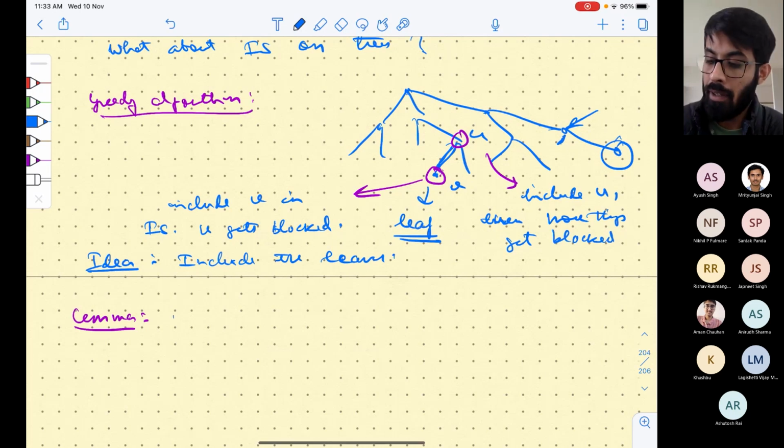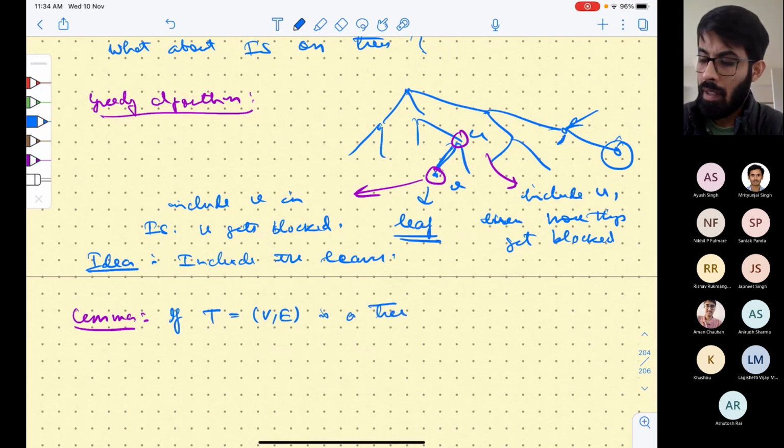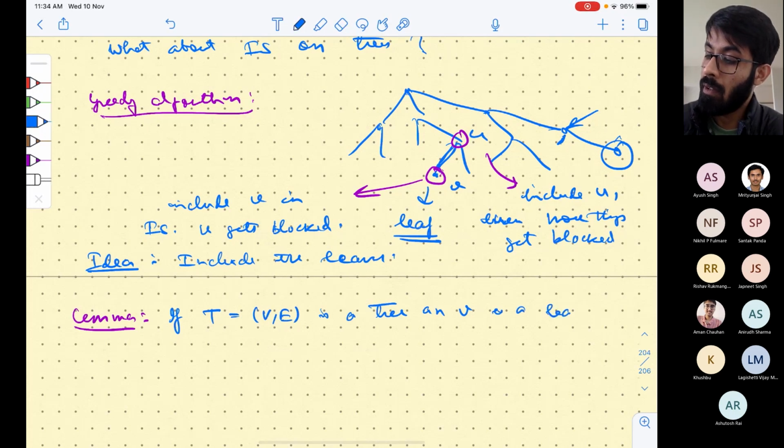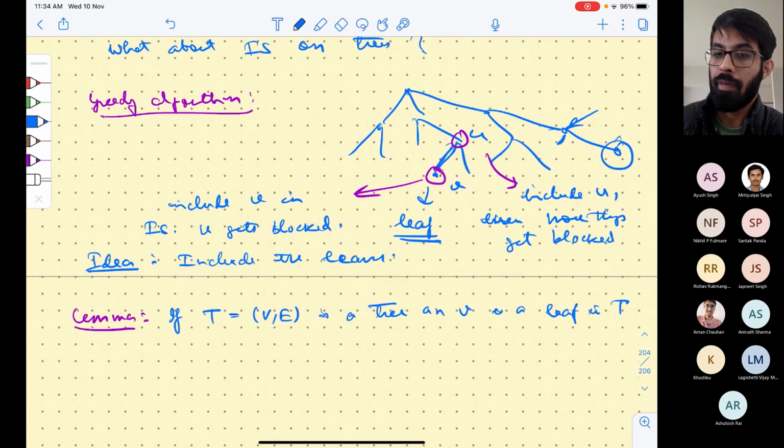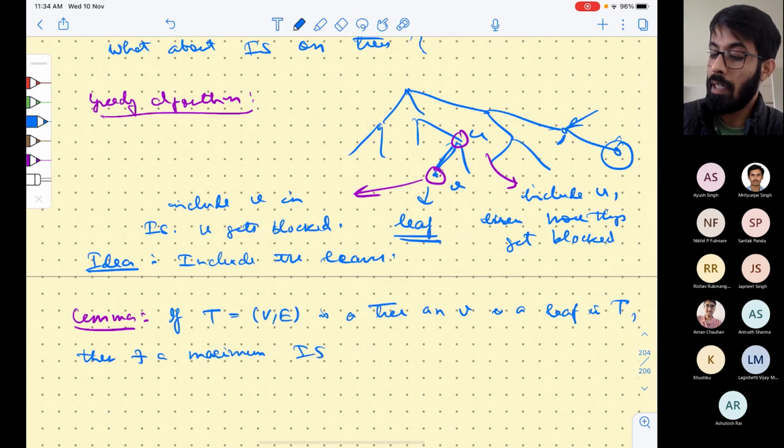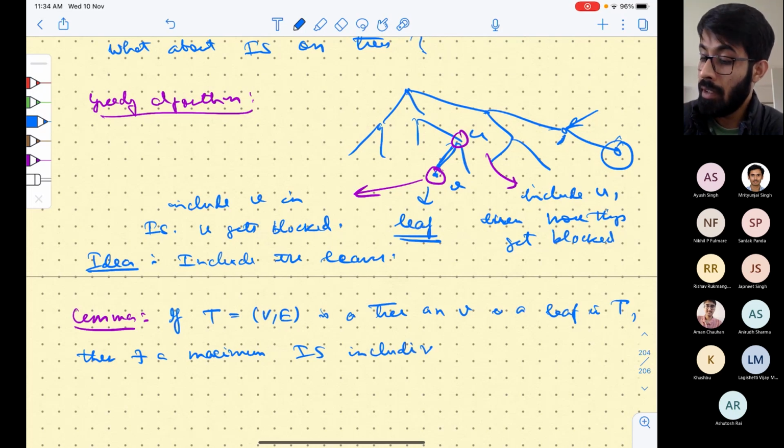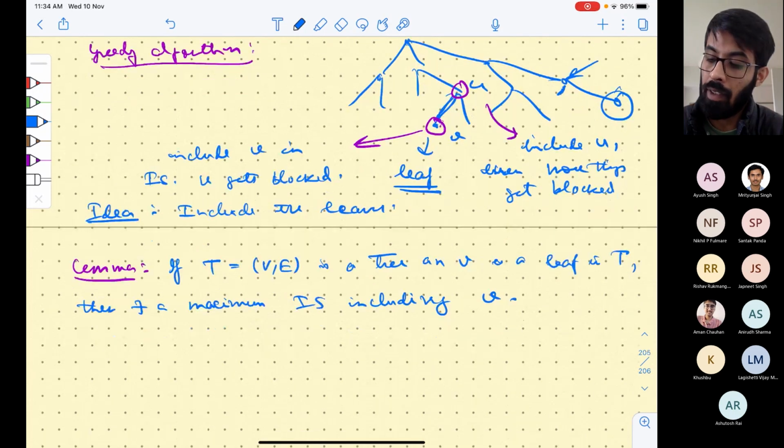The lemma says that if T equals (V, E) is a tree and V is a leaf in T, then there exists a maximum sized independent set including V, that contains V.